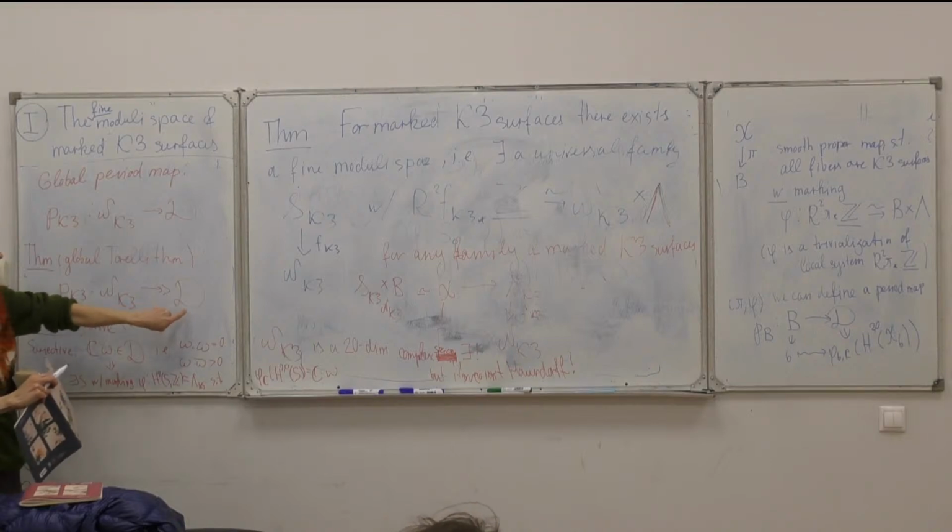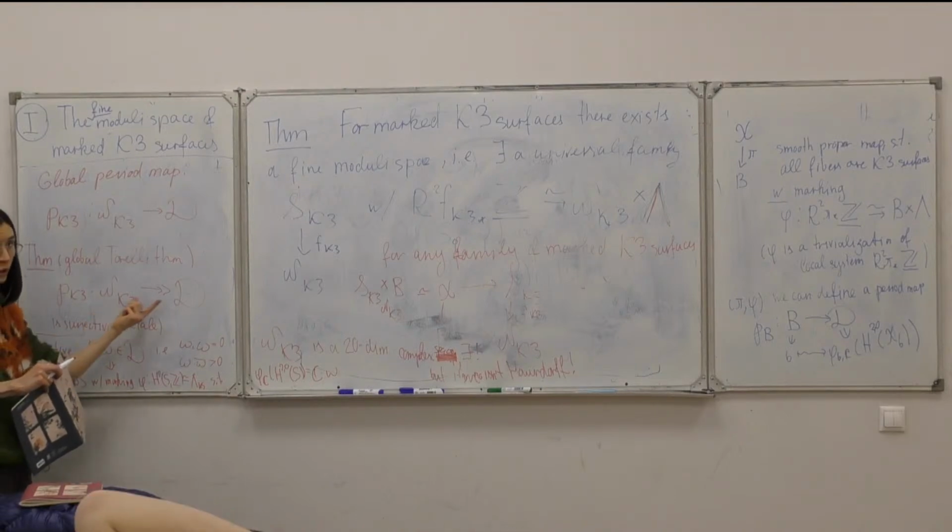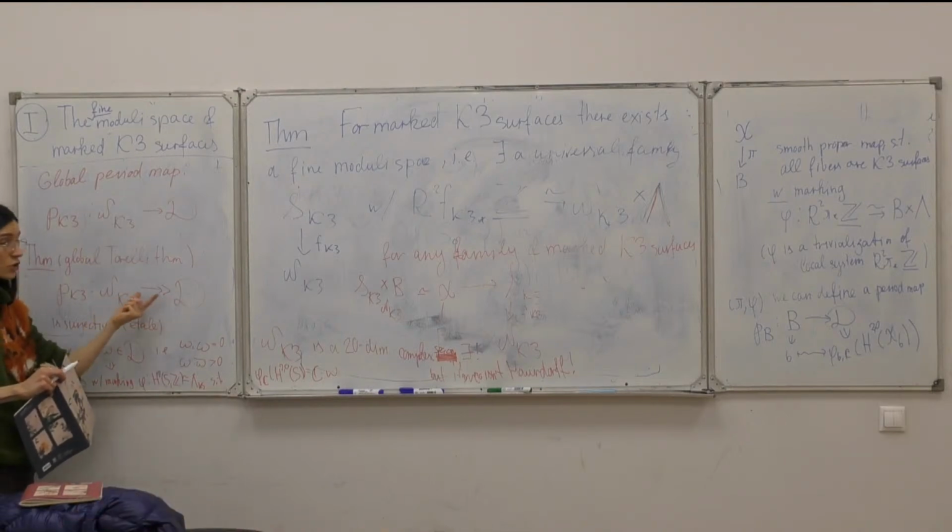Just because this is some smooth locus in 20-dimensional complex space, and this is something not Hausdorff. So we cannot hope that this is an injective map.